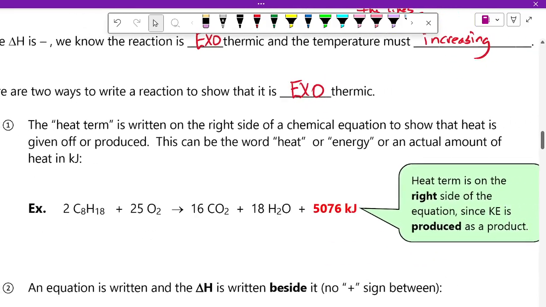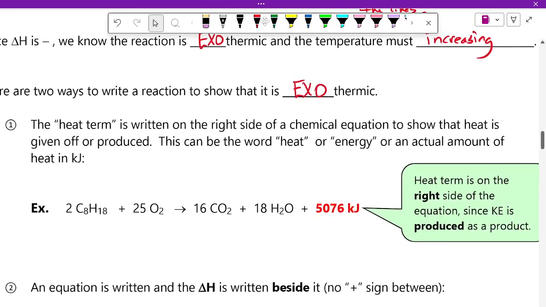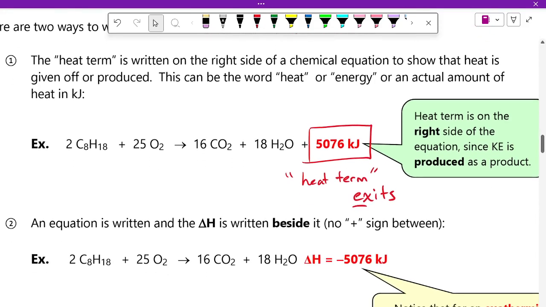You can write it with the heat term exiting. Or, instead of writing the heat term in the reaction, you can write the change in enthalpy beside the reaction.